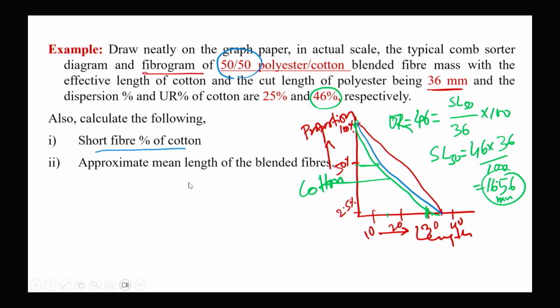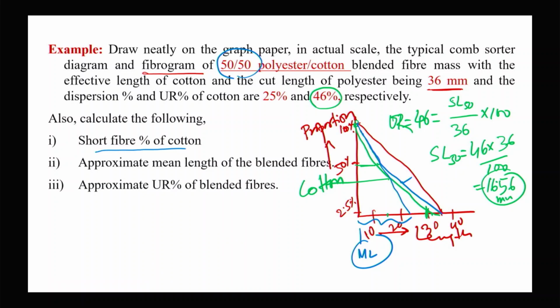And the mean length we can get from this curve. You draw the tangent from the 0 point on the blue curve. So this is the mean length by the fibrogram, and then the approximate uniformity ratio of the blended portion.